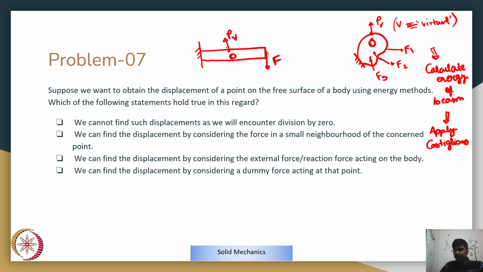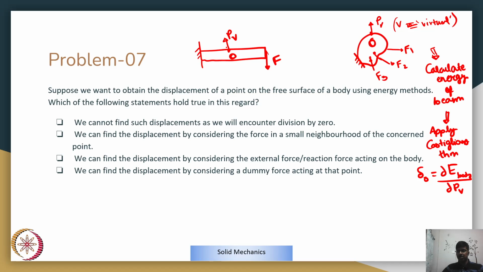If you remember, it gives delta O equal to the partial derivative of the energy of the body with respect to PV. This is Castigliano's first theorem, which we looked at in the class as well.